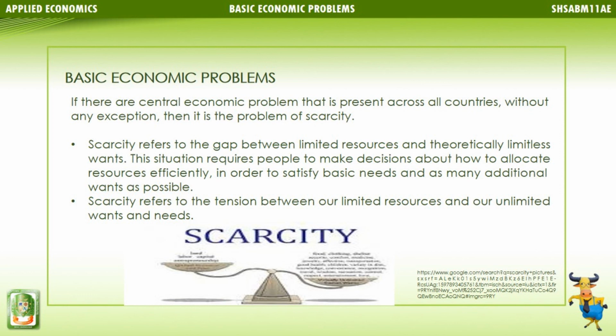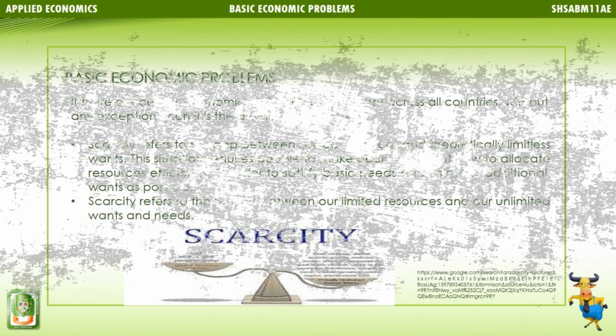This situation requires people to make decisions about how to allocate resources efficiently in order to satisfy basic needs and as many additional wants as possible. Scarcity refers to the tension between our limited resources and our unlimited wants and needs.